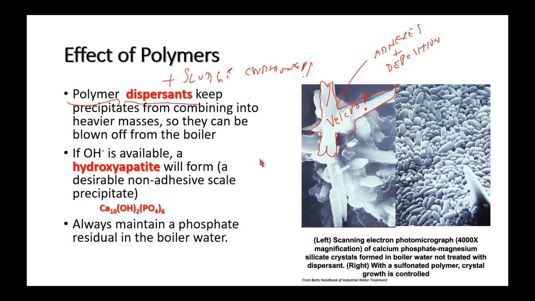So what can we do about that? Well, we can add a sludge conditioner, and these polymers have the effect of changing the shape. So now instead of it looking like Velcro, this is the same crystal, but it is a different shape. It's no longer Velcro, it's more like a Tic Tac. You know what Tic Tacs are? Breath mints.